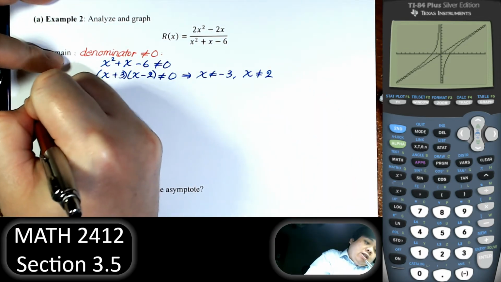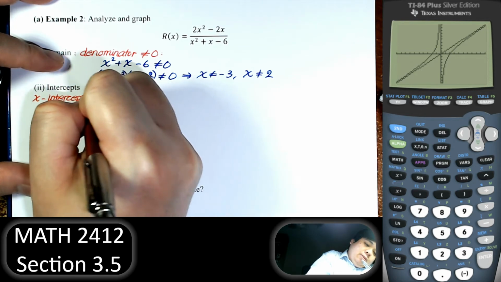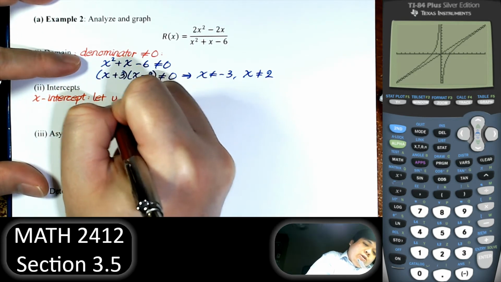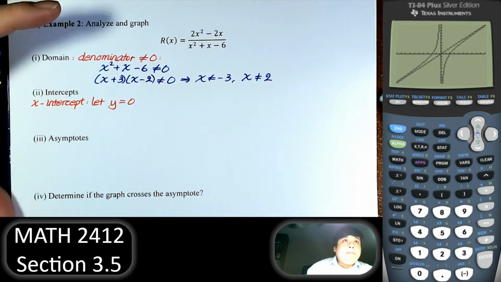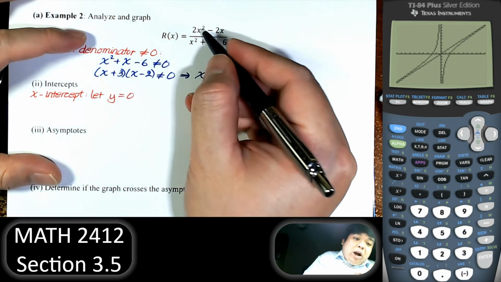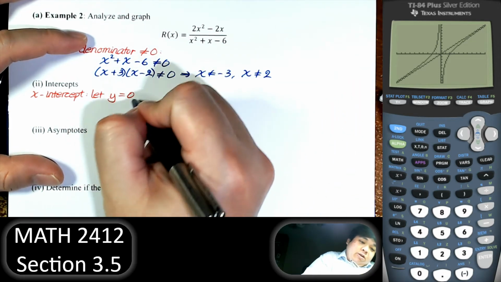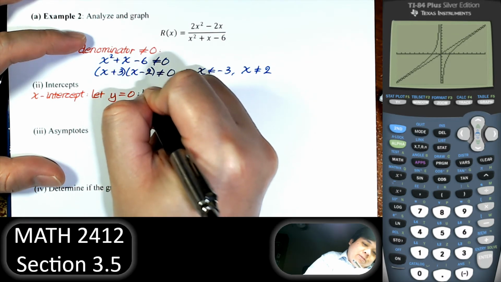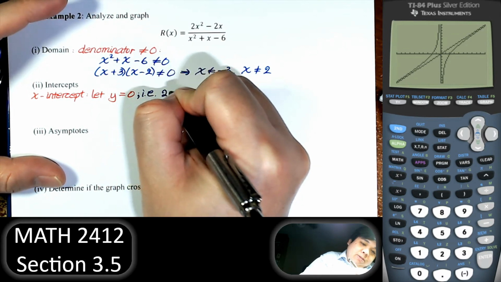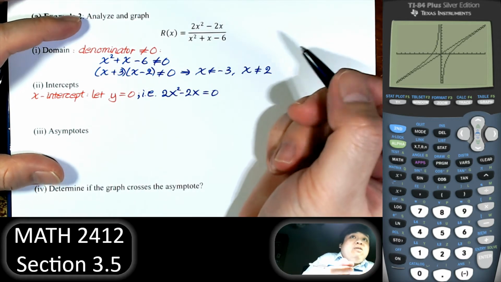Now for the x-intercept, let y equal to 0. So y equal to 0 means that the top equals 0. We can factor out the 2x.